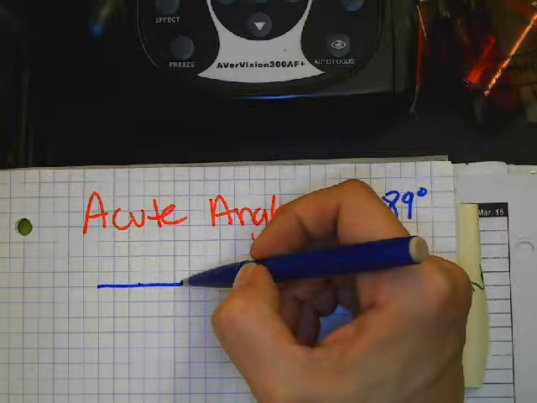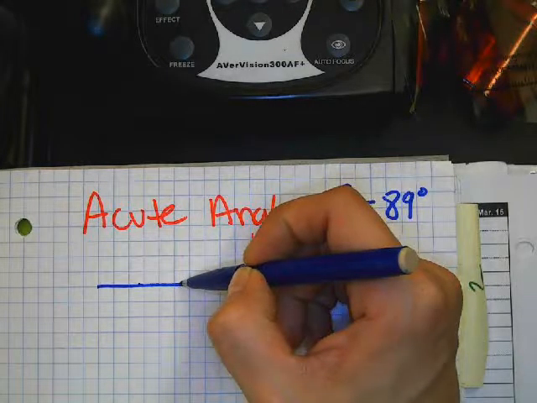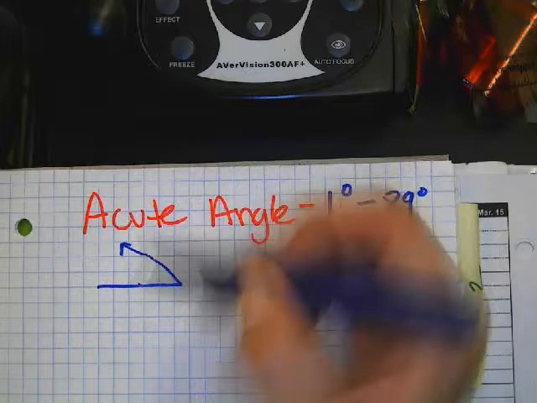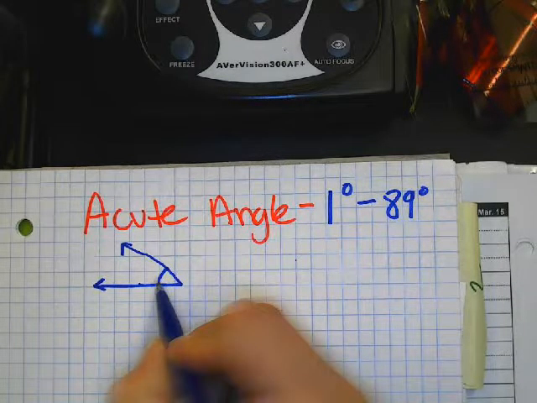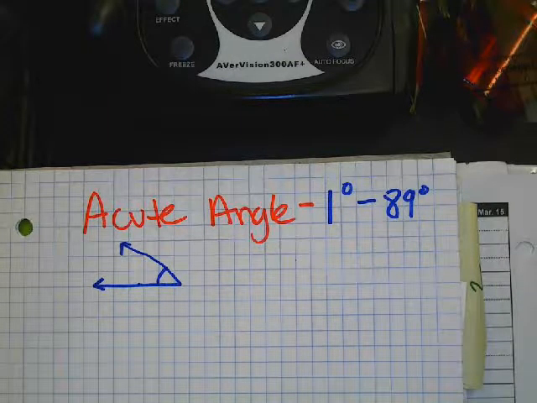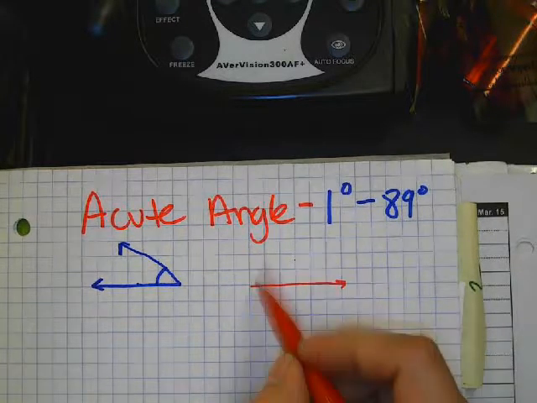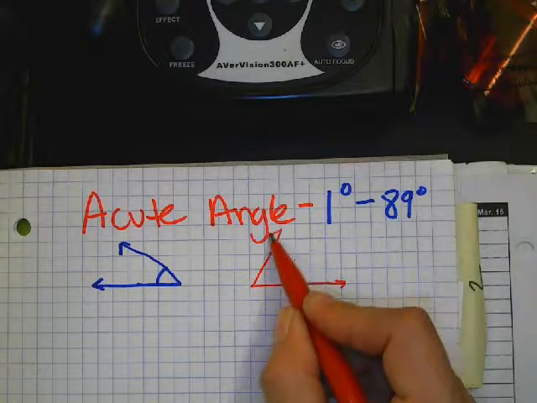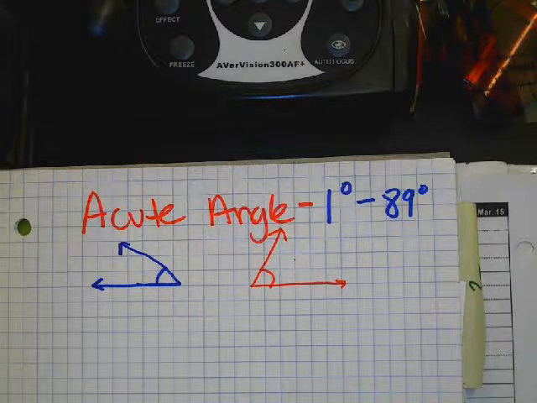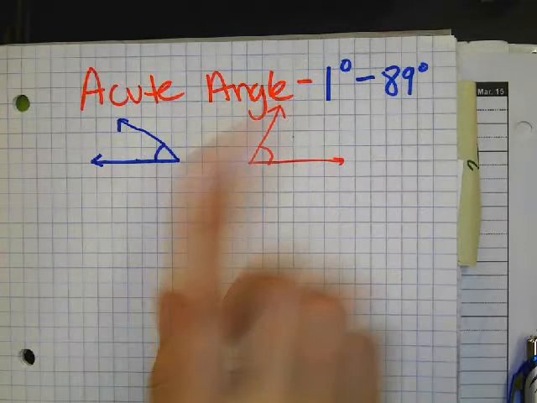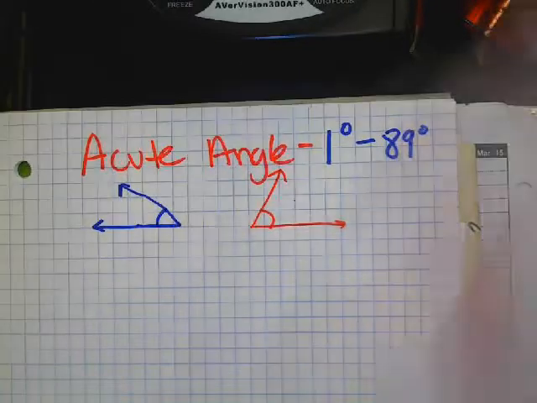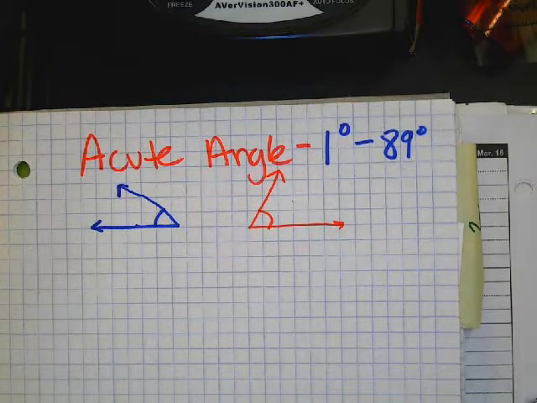And if I go straight up, it's 90, right? But acute is smaller than 90. So like, yeah, like the alligator. Okay? Do you guys see the difference between acute and obtuse? Yeah? It's very important that you're able to recognize them by sight.